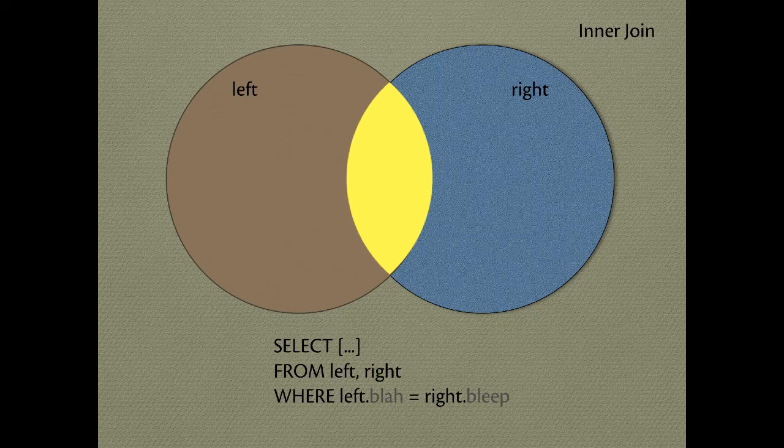And so technical terms here, blah and bleep. But this is technically called an inner join because what we're looking for is the overlap on the inside of those circles. In set theory, we would call this maybe an intersection.